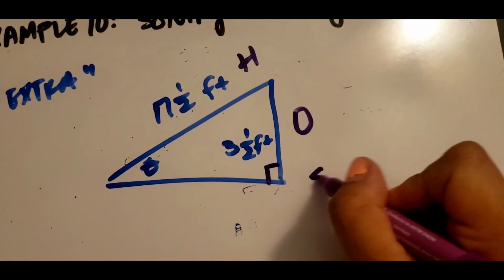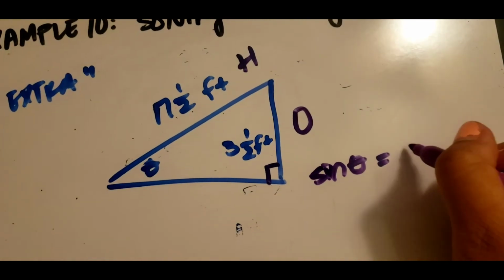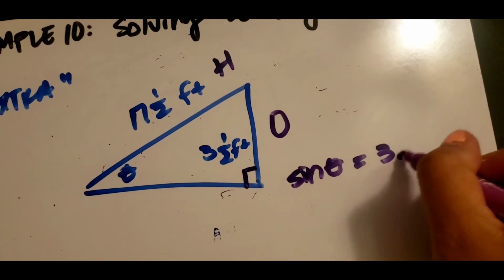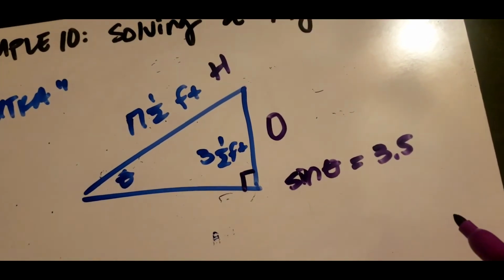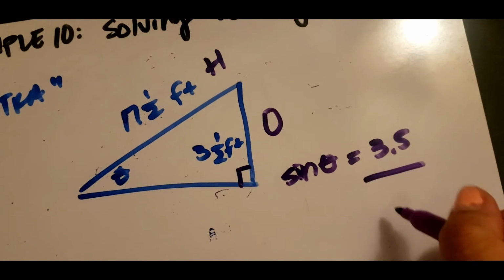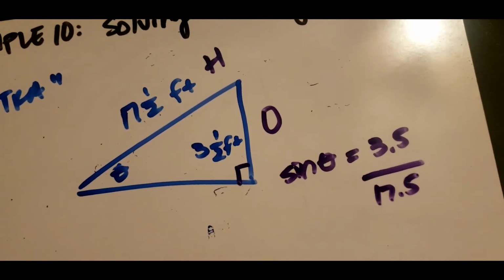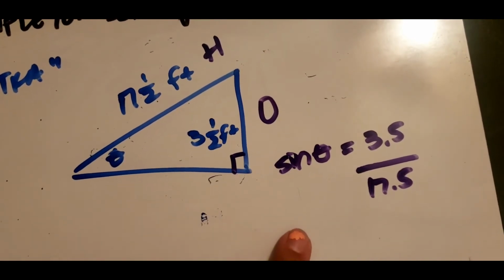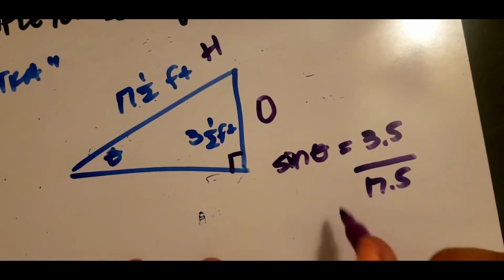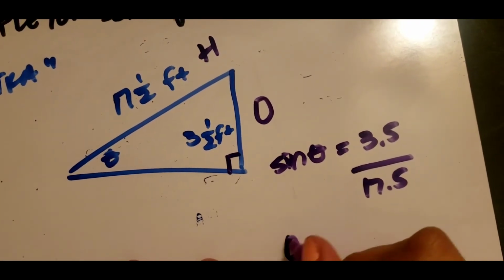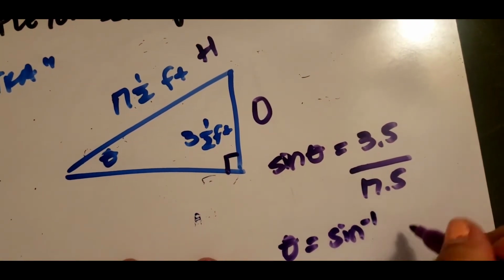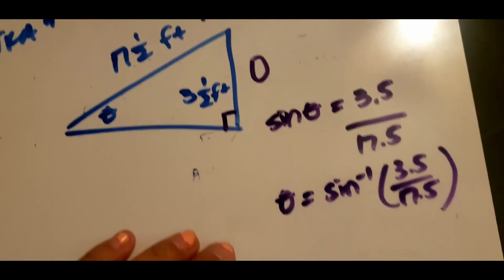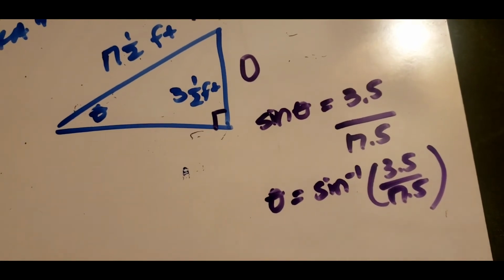And that's going to be sine, okay? So here we go. It's going to be sine of theta equals 3.5 feet, so I'm just going to write it as 3.5, and then 17.5 feet, so I'm just going to write it as 17.5. And then we're looking for theta, so I would write theta equals sine inverse of 3.5 over 17.5. Okay. Now let's do that in our calculator.